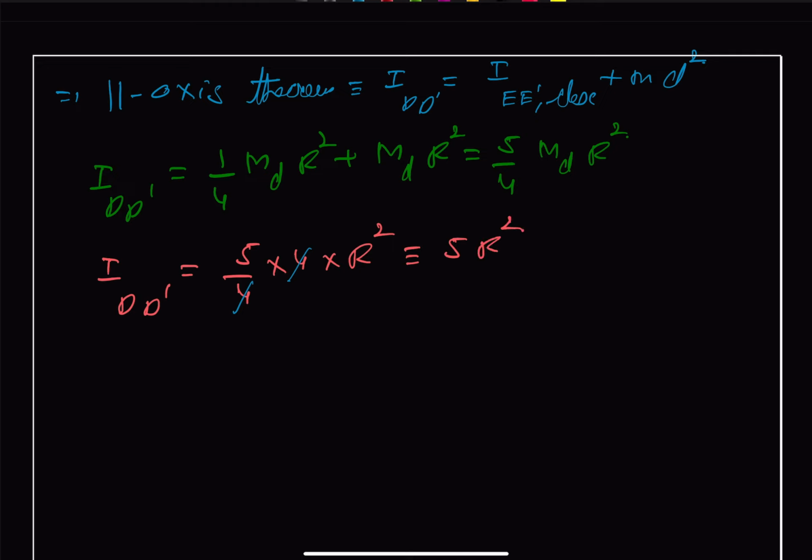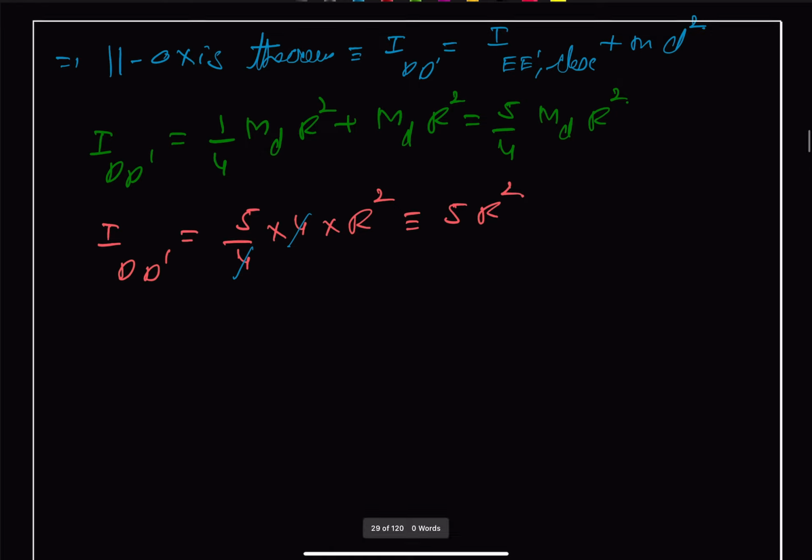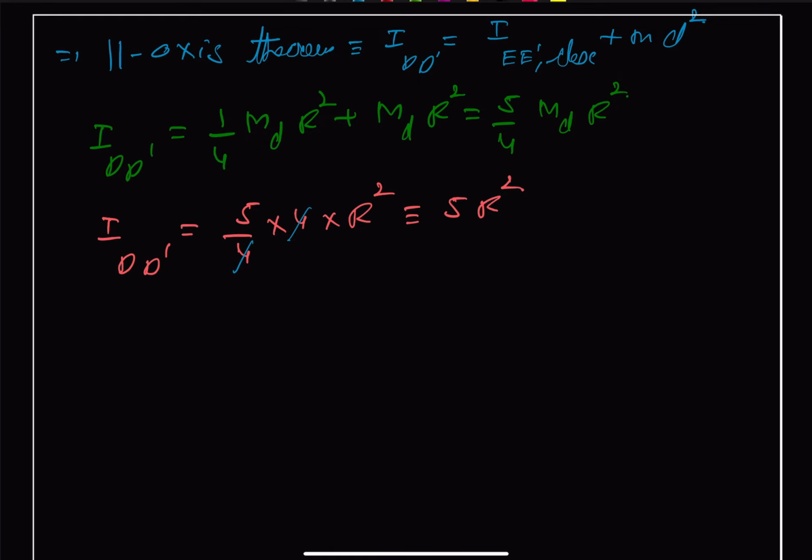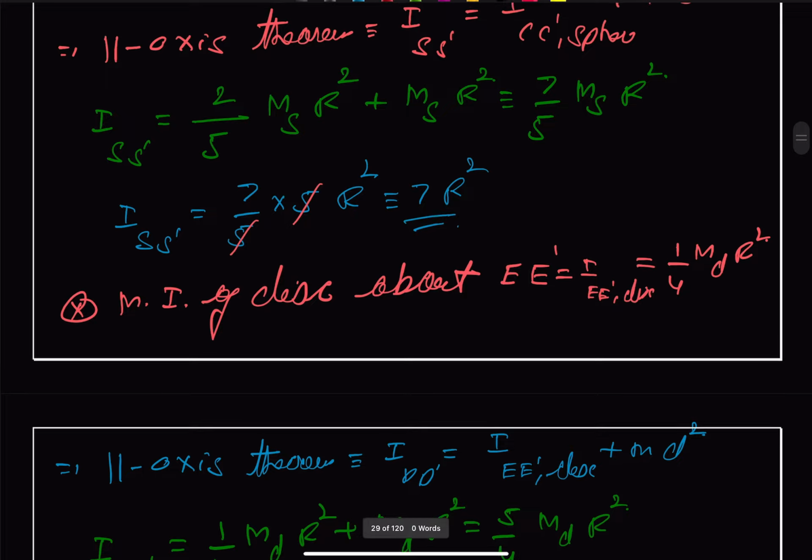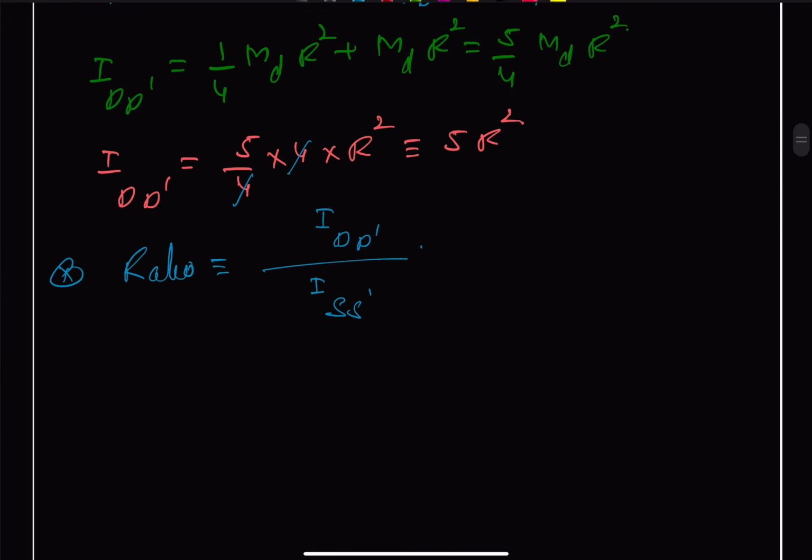Now we are going to find out simply the ratio. So we can say that the ratio for our disk and for our sphere is 5r square divided by 7r square.